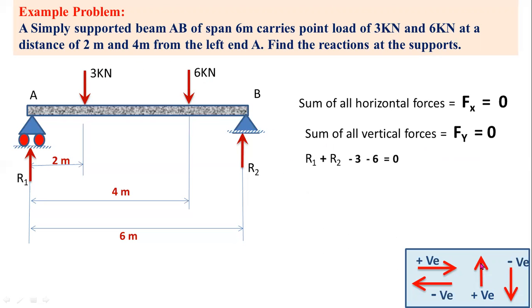For upward action you have to consider positive sign, for downward action you have to consider negative sign. From this equation you can get another equation: R1 plus R2 equal to 9 kilonewtons. So here there are two unknowns, so we need another equation for solving these two reactions.